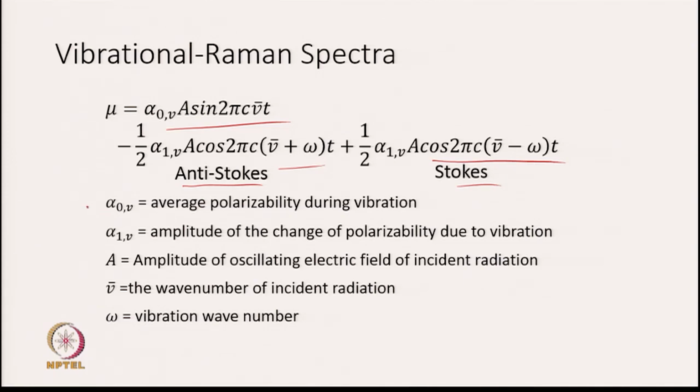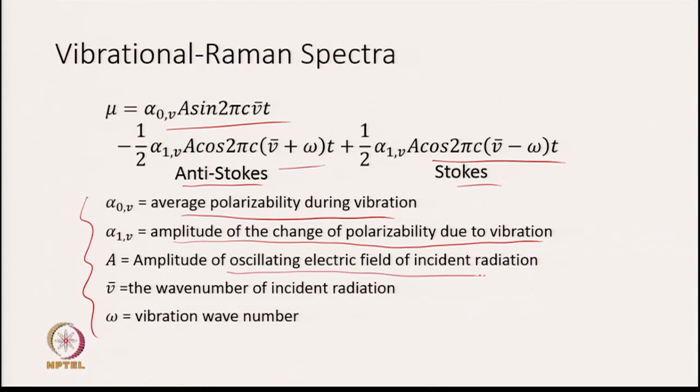So, these are the different terms. Alpha 0 V, I told you, corresponds to average polarizability during vibration. Alpha 1 V is amplitude of change of polarizability due to vibration. A is amplitude of oscillating electric field of incident radiation. Nu bar is wave number of incident radiation, and omega is vibrational wave number.